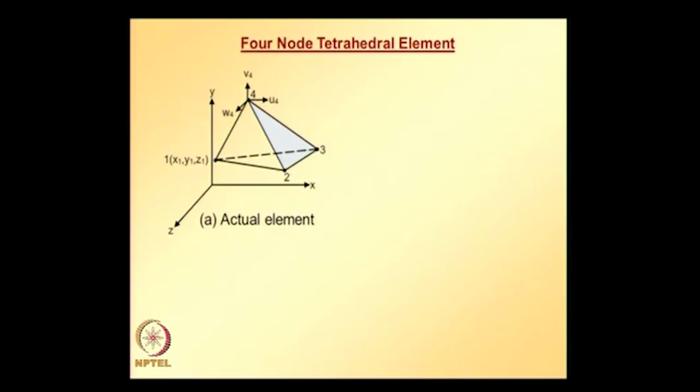So, it is the counterpart of 3 node triangular element, which is a linear element for solving 2 dimensional problems, which we usually call CST, constant strain triangular element. Similarly, 4 node tetrahedral element is a constant strain element in 3 dimensions.